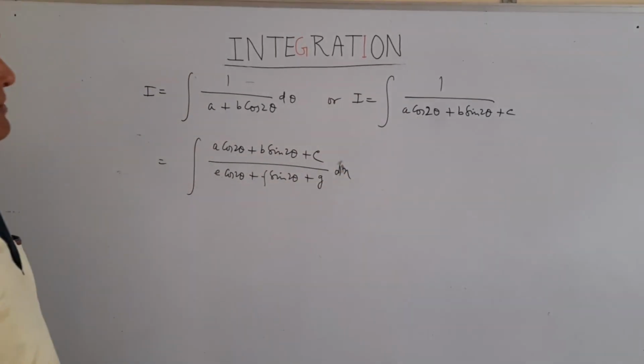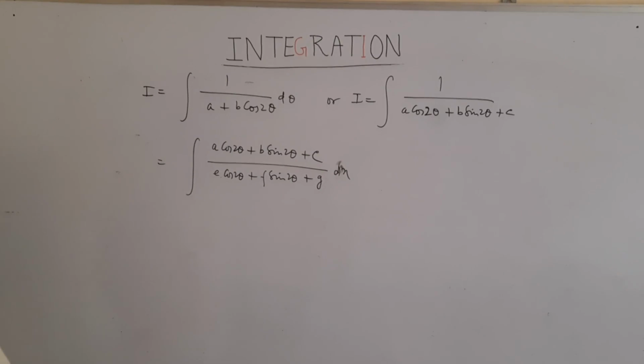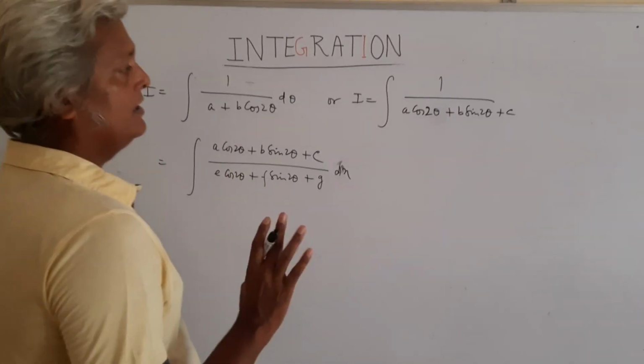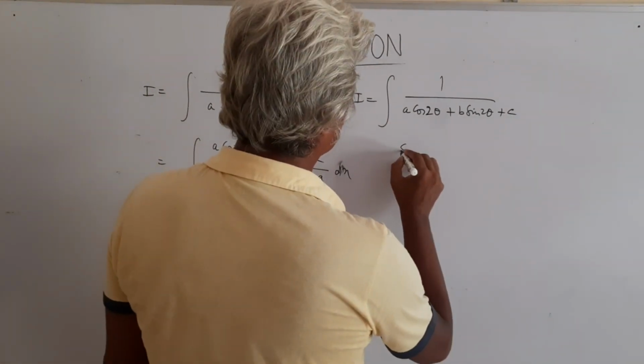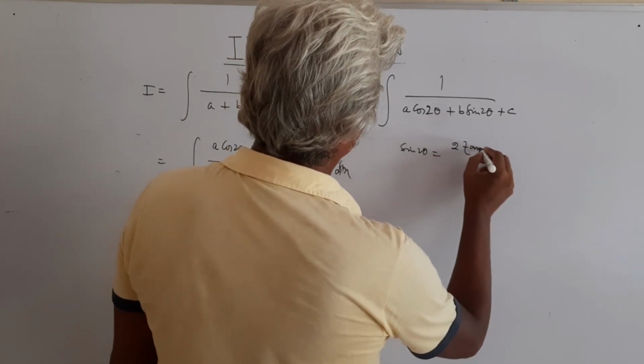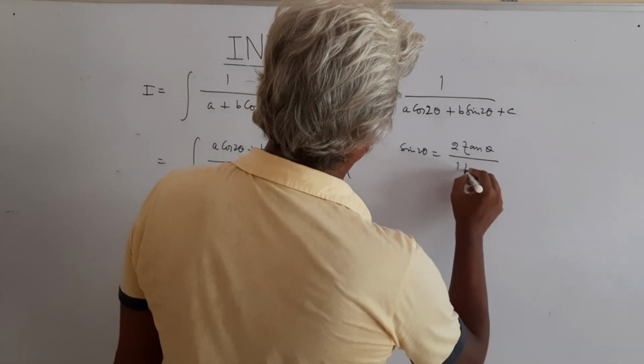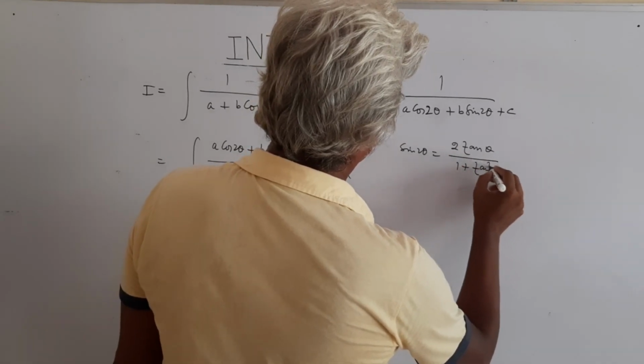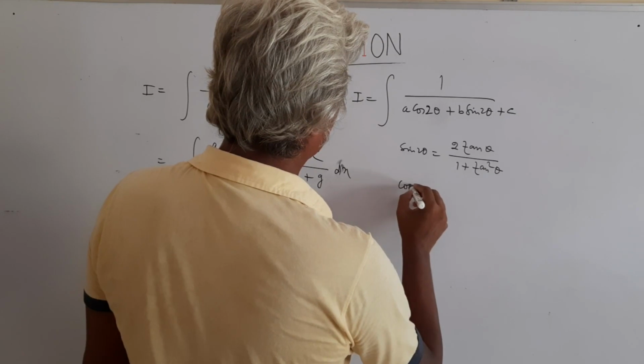So these are the three important forms, and in all these forms we have to use three formulas. The first formula goes like: sin 2 theta is 2 tan theta over 1 plus tan square theta.